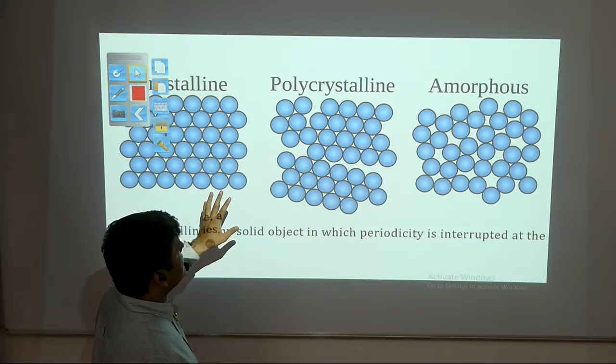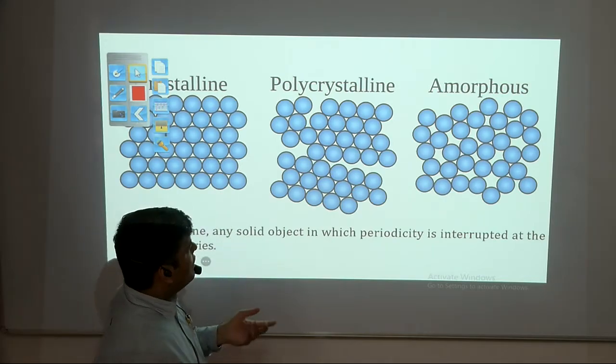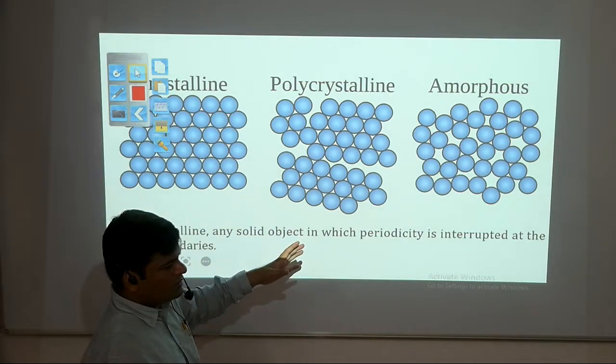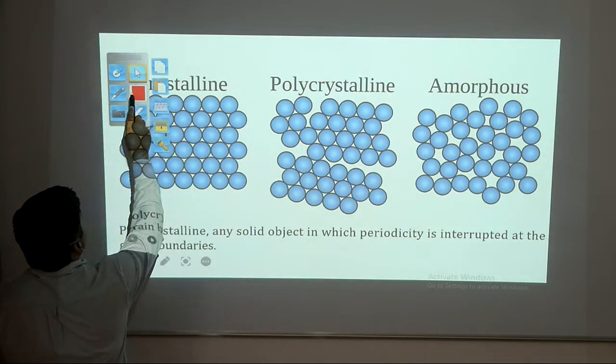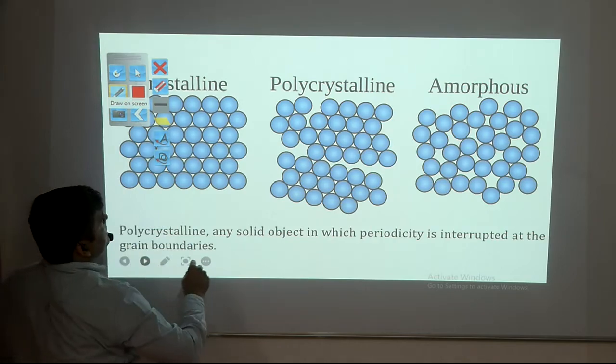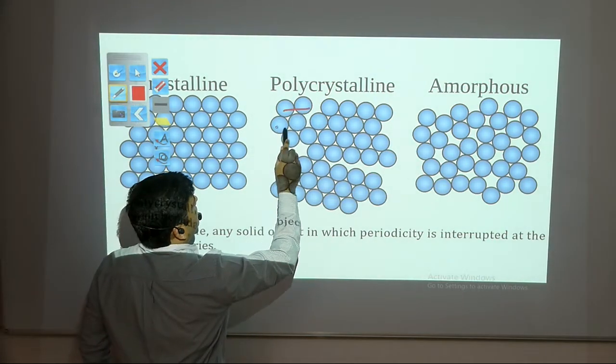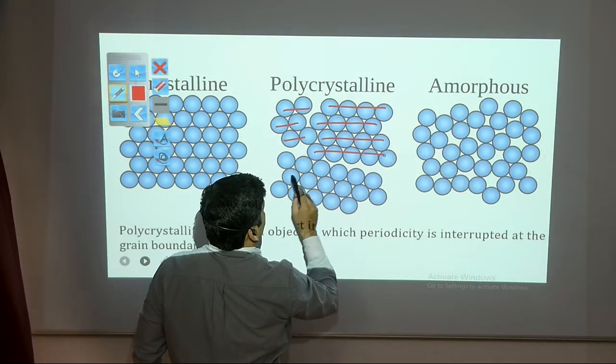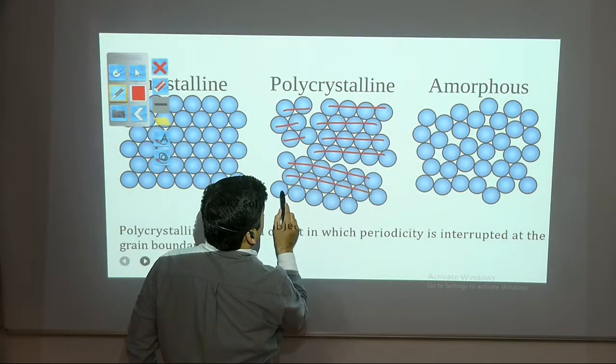So polycrystalline is again the solid or solid object in which the periodicity is interrupted. We can see the periodicity over here, the arrangement is periodic. Over here the arrangement of the atoms is periodic. Over here the arrangement of atoms is periodic.